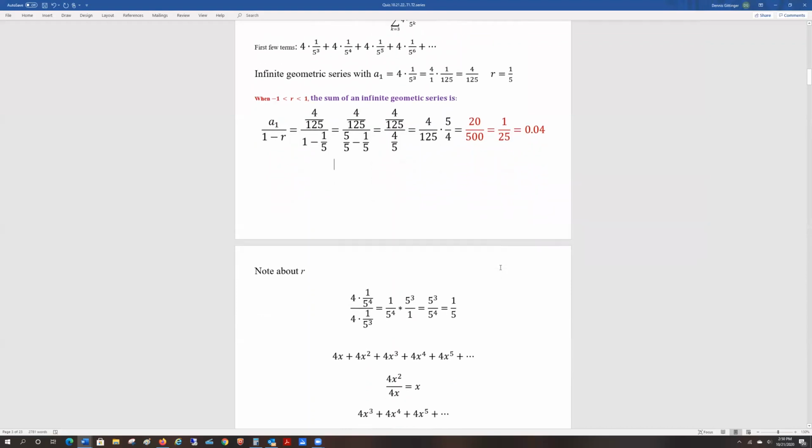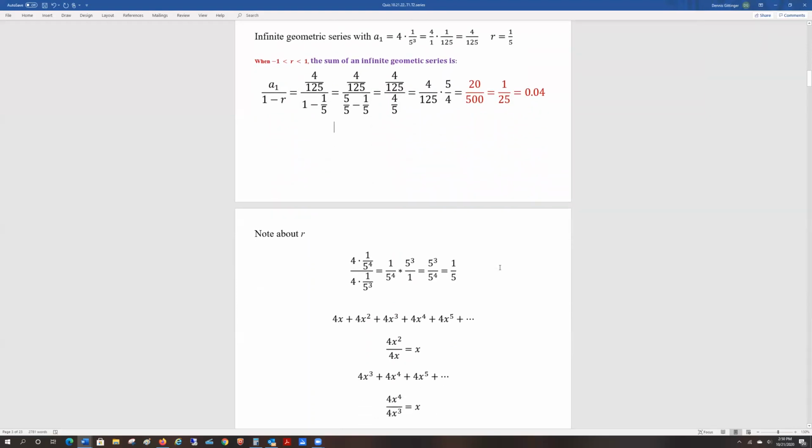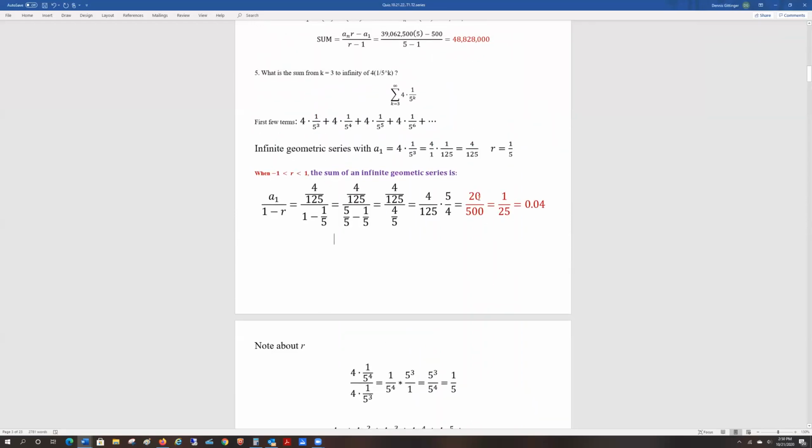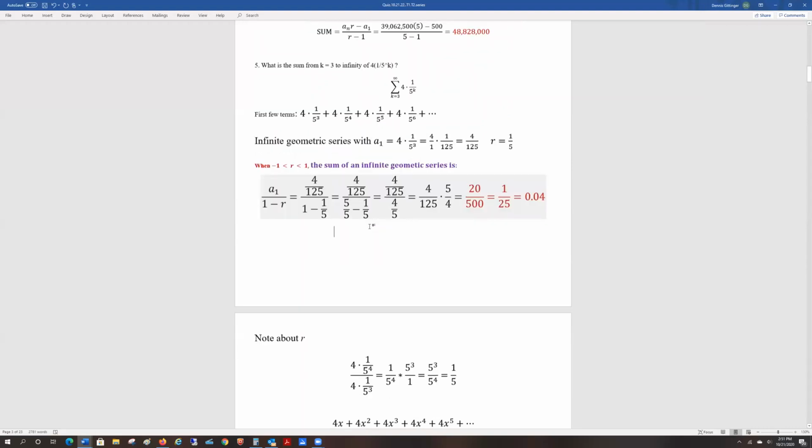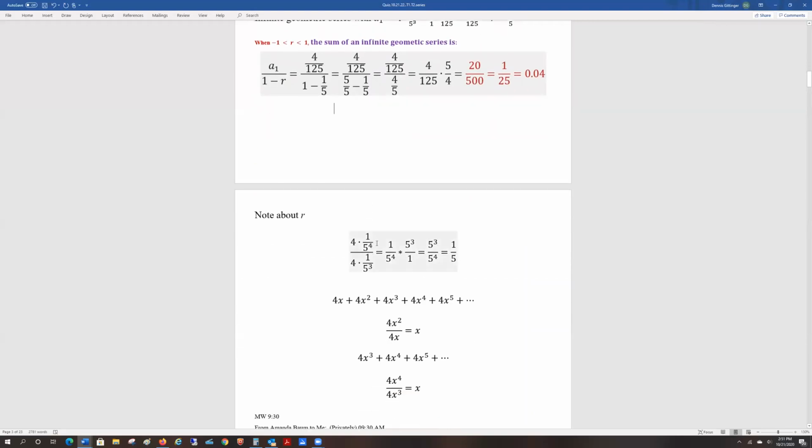Somebody earlier asked me how can you figure out what r is mathematically? I said, okay, if you have a series like this, if you think maybe it's geometric, take the second term and divide it by the first term. So the second term is 4 times 1 over 5 to the fourth. Divide that by the first term.